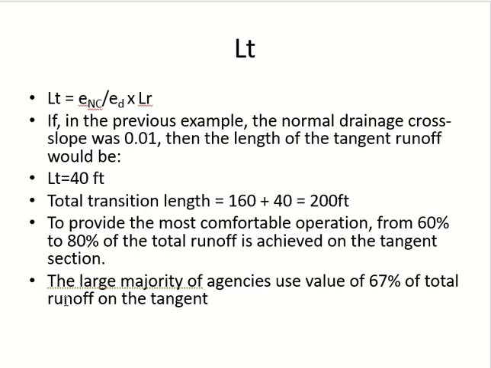If you put these values, LT will come out to be 40. So LR is 160 and LT is 40, total 200. You need 200 feet to go from normal slope to full super elevation.